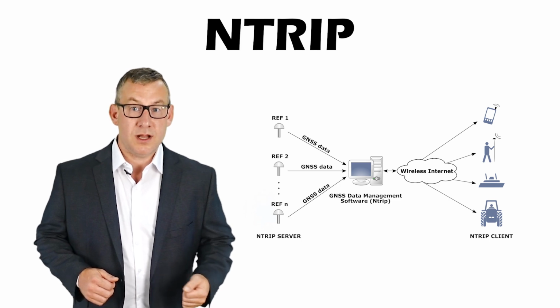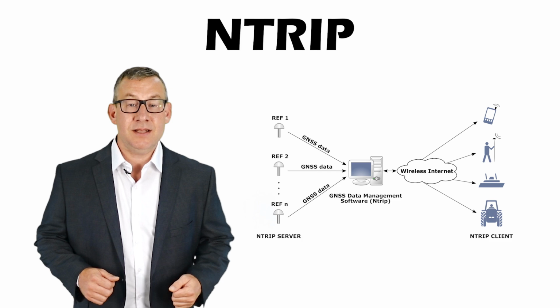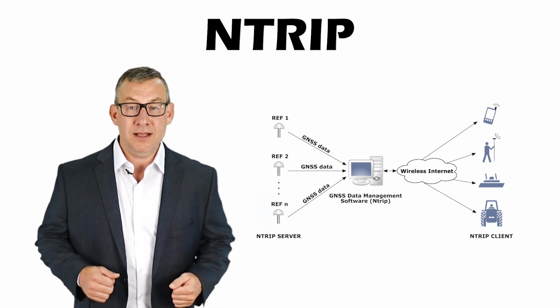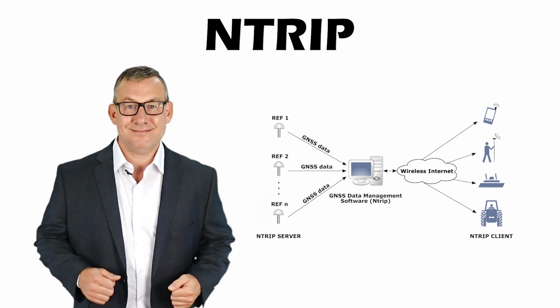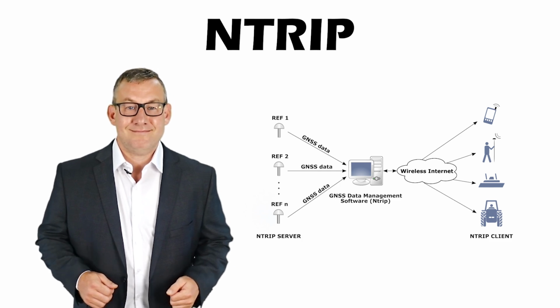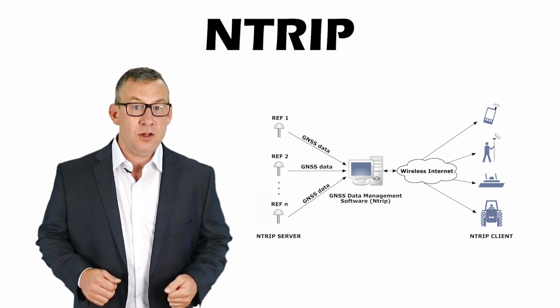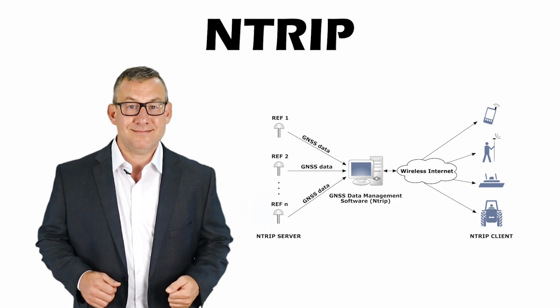Networked transport of RTCM via Internet Protocol, or NTRIP. NTRIP is a subscription service that provides corrective GNSS data through a wireless connection.